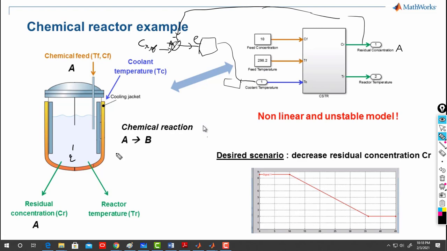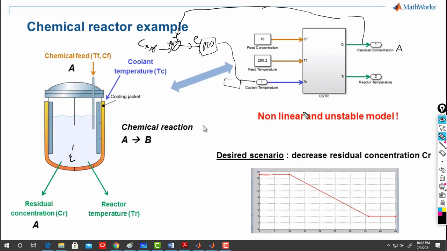And therefore, it's a nonlinear system. So how to find a PID? Well, for PID I need to linearize the system. Very nice, but if I linearize the system at a given operating point, it doesn't work at different operating points.